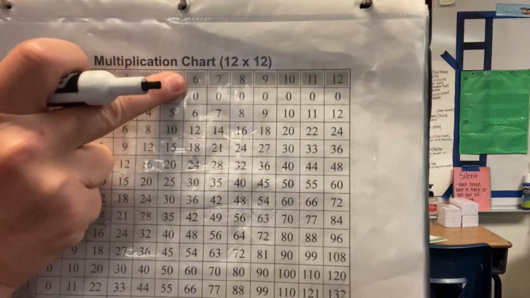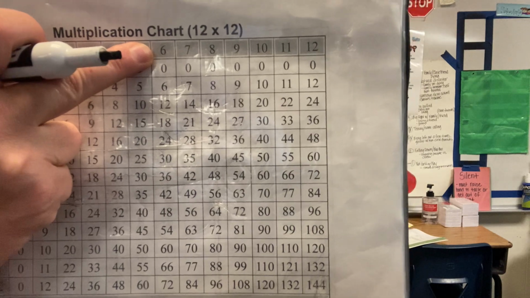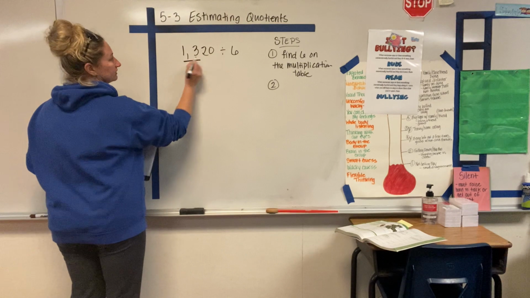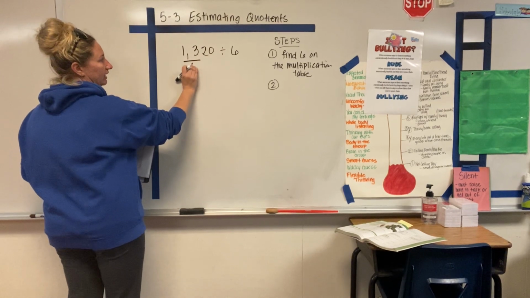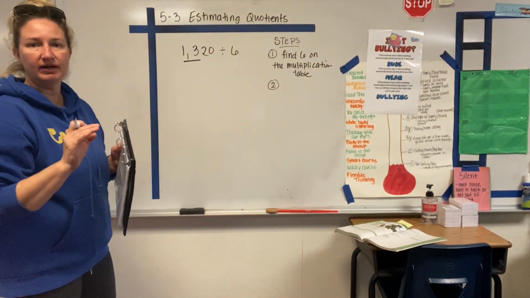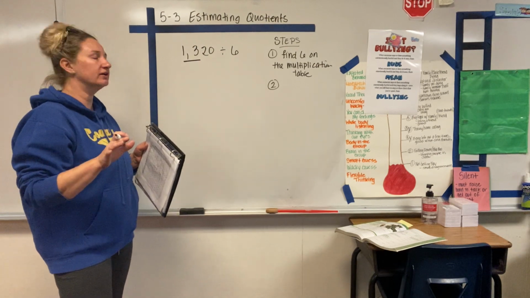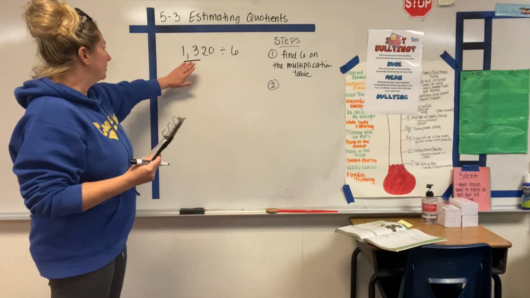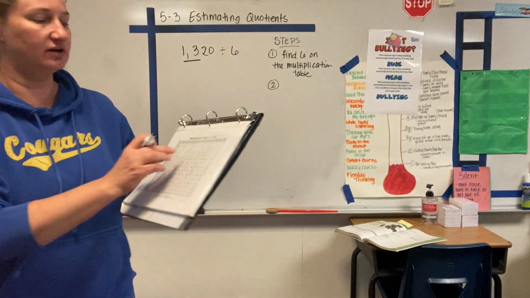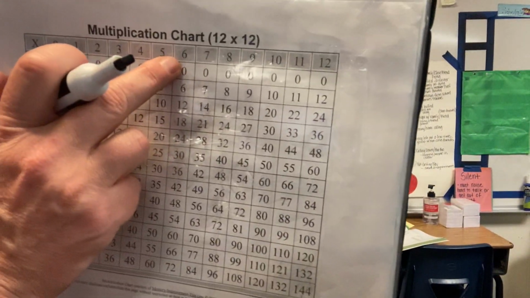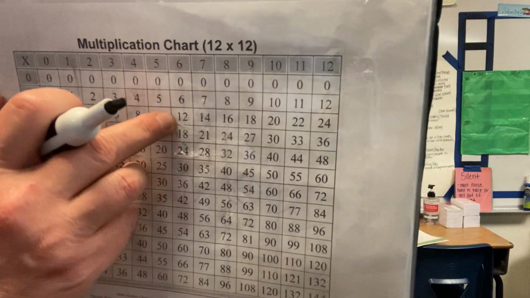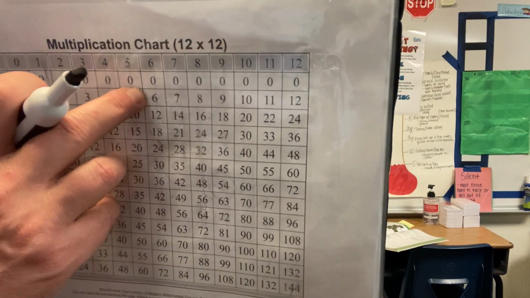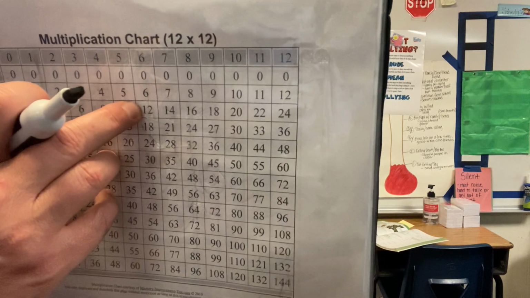And then you go down until you get to a number that's close to these first two digits, close to 13, because we're going to be using compatible numbers. We're not rounding because we want to find a number that 6 goes into evenly that is close to 13. So if I go to 6 and I go down, 12 is close to 13. 18 is too much, 6 is too little, so 12 is the closest to 13.